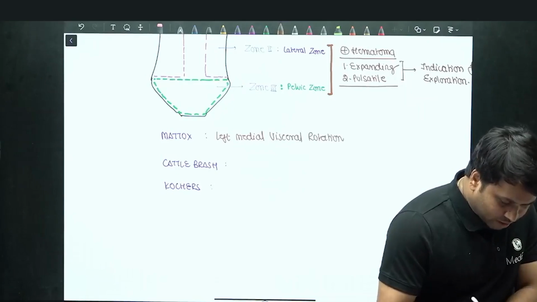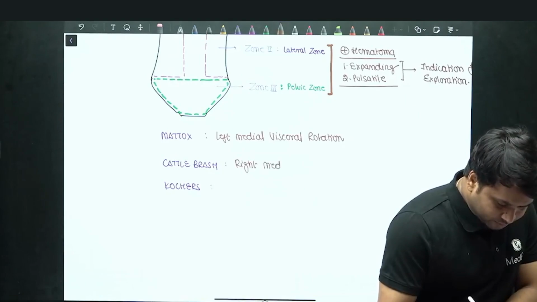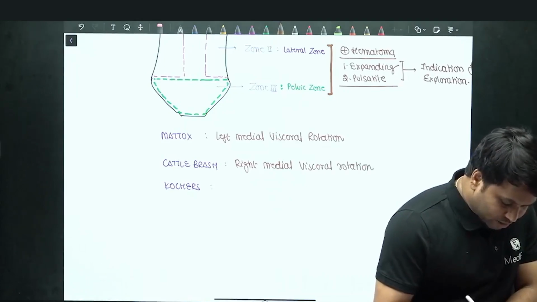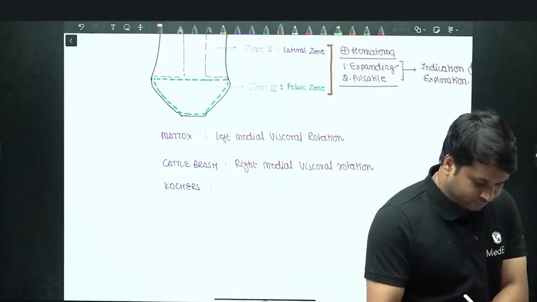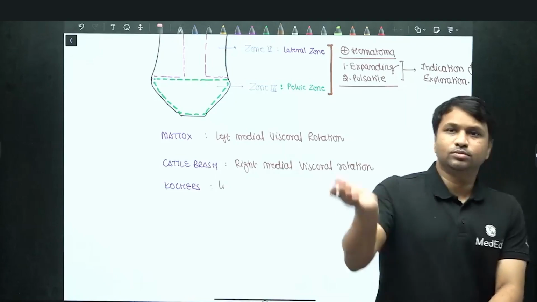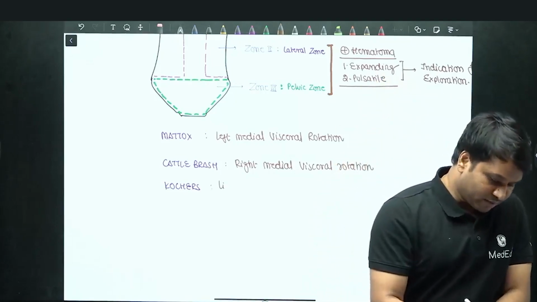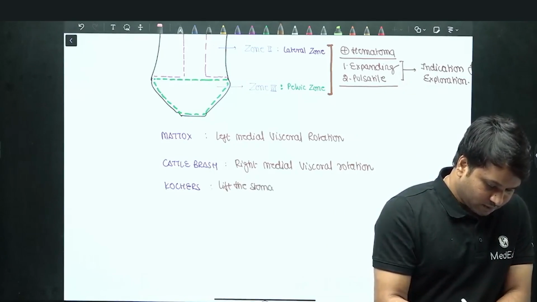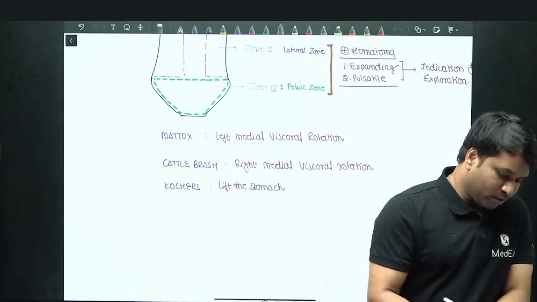Cattell-Braasch is your right medial visceral rotation. Kocher is to elevate the stomach or lift the stomach. This is to expose the retroperitoneal space.